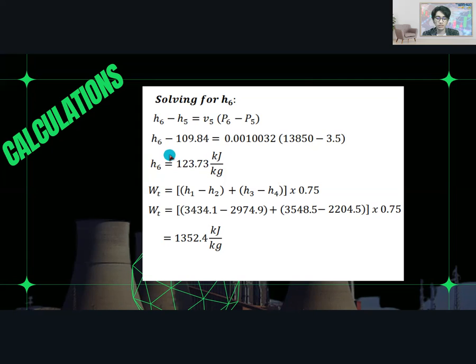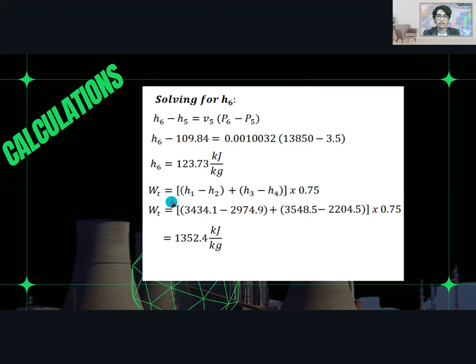So H6 minus 109.84 is equal to 0.001032 times 13,850 minus 3.5. Our H6 is equal to 123.73 kilojoule per kilogram.